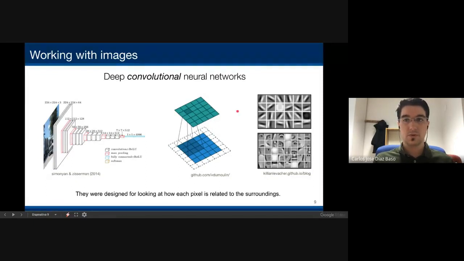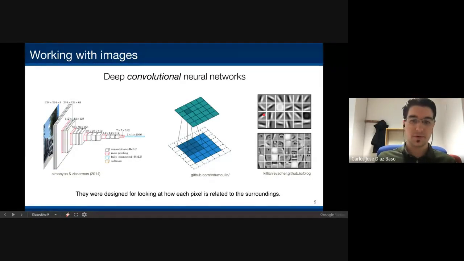Those convolutions will highlight some spatial patterns, like the one I showed you here, that will be important for learning the mapping between the input and output.